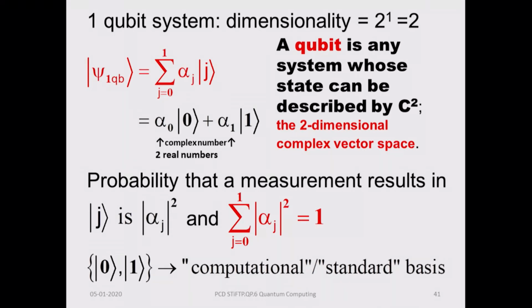So, whenever in literature you see that they are talking about a computational basis, they are just talking about 0 and 1 as the basis set. It can be any linear superposition of the same, because they are all equivalent. But if the basis is actually 0 and 1, then it is a computational basis, as it is called.